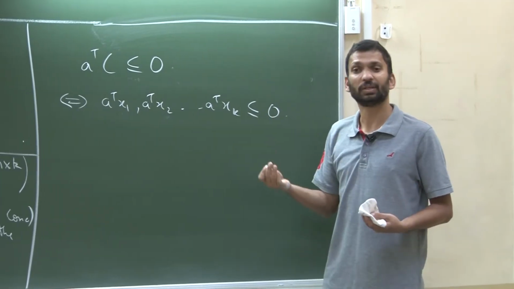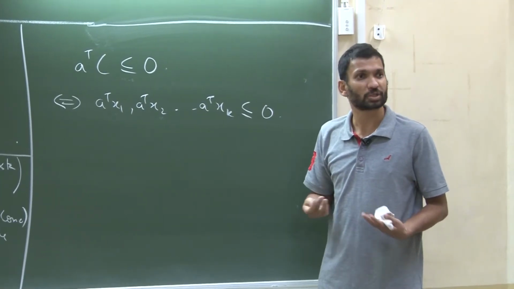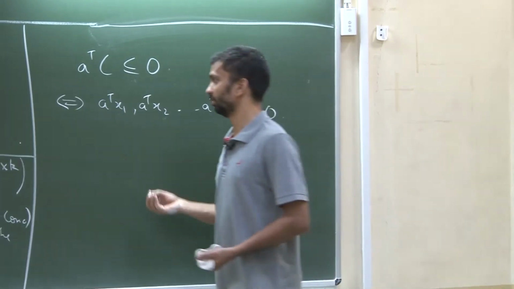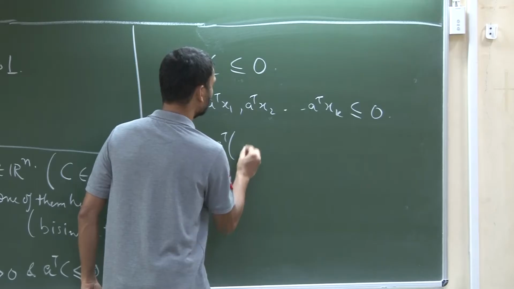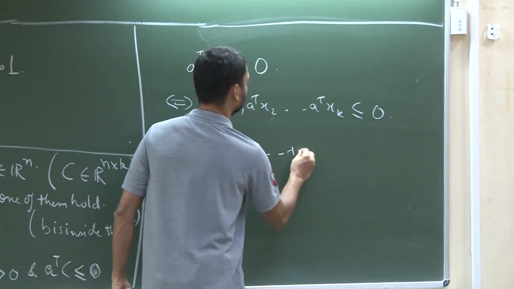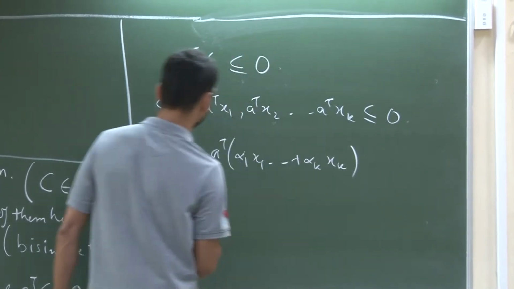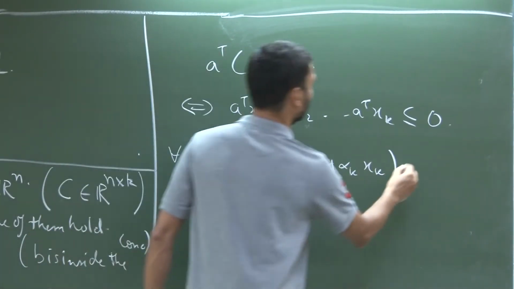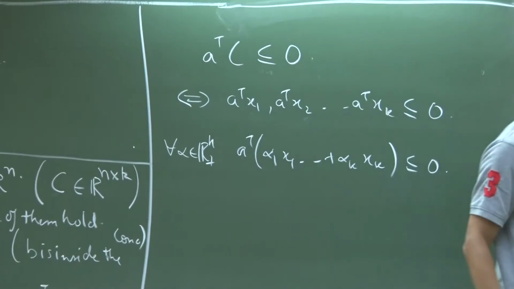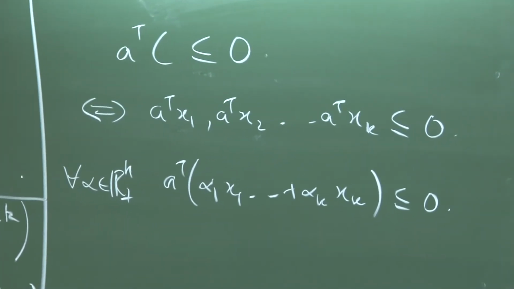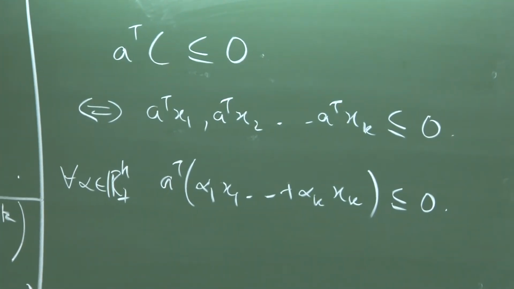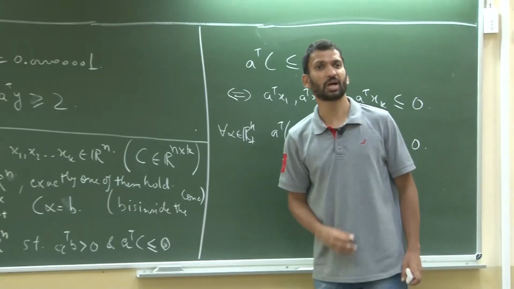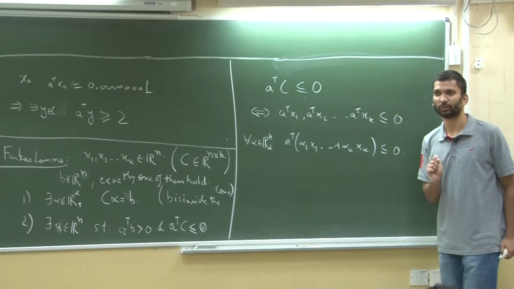So now if you take even a linear combination with positive coefficients, the inner product is going to be negative. So for all alpha, this is going to be positive. Even though this might look like a bunch of equations, this is a hyperplane separation theorem staring at you.